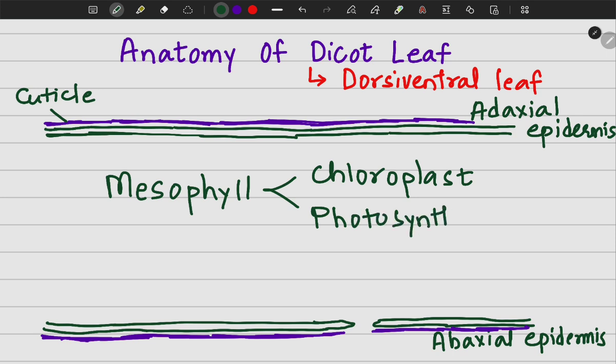We already know that leaves are the primary organs which carry out photosynthesis, right? So it is these mesophyll cells inside the leaves which have chloroplast and carry out photosynthesis. In a dicot leaf, there will be two types of mesophyll tissue, and these mesophylls are made up of parenchyma cells.